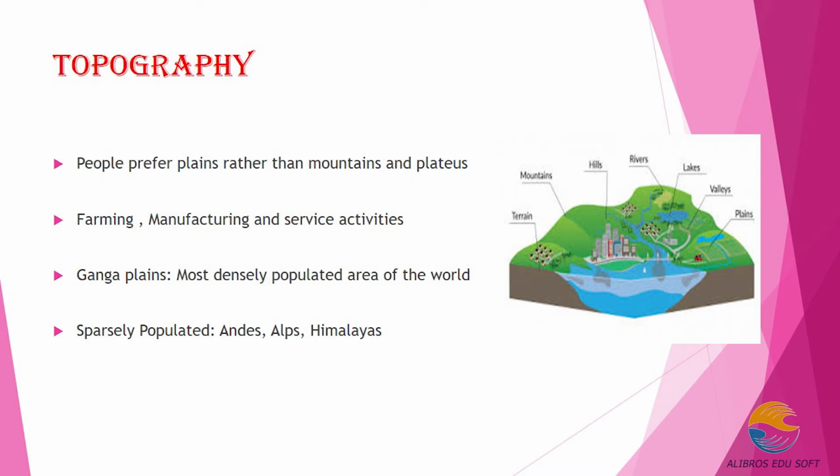They will only settle in areas where they have enough rain, enough water, enough fertile land, etc. The Ganga plains are the most densely populated areas of the world. Andes, Alps and Himalayas are sparsely populated because of their very hilly and rugged topography.